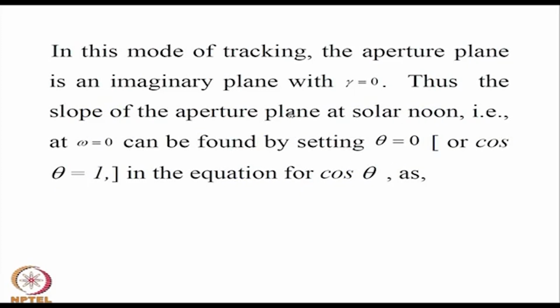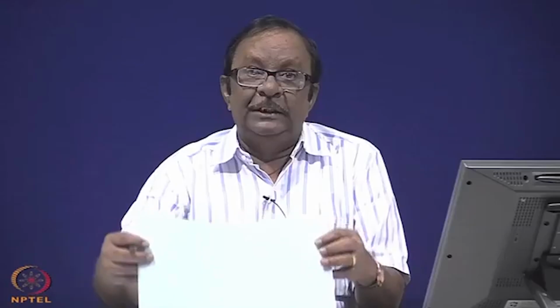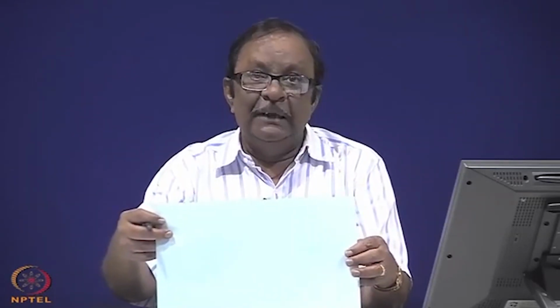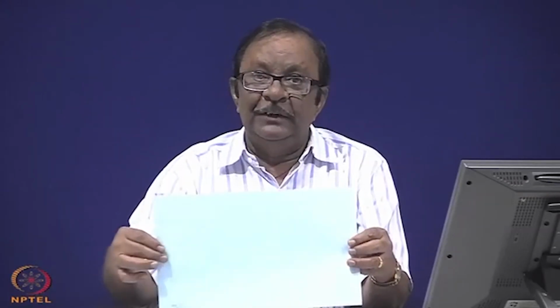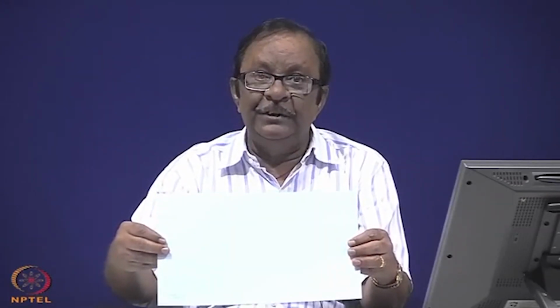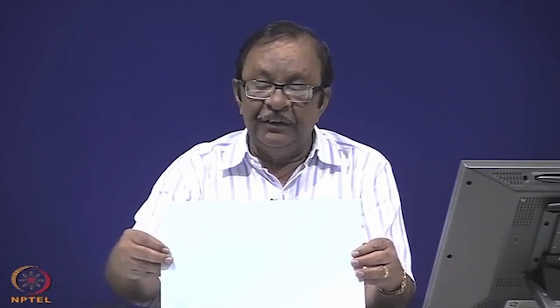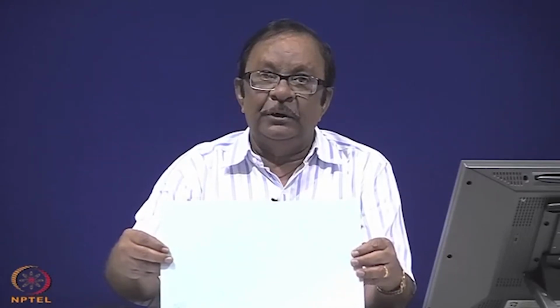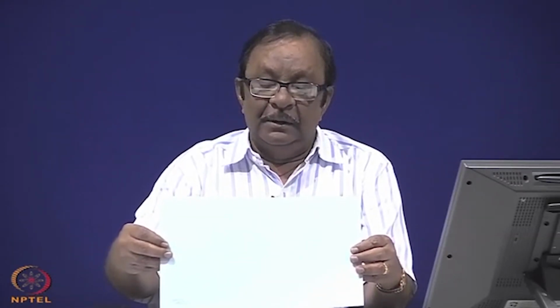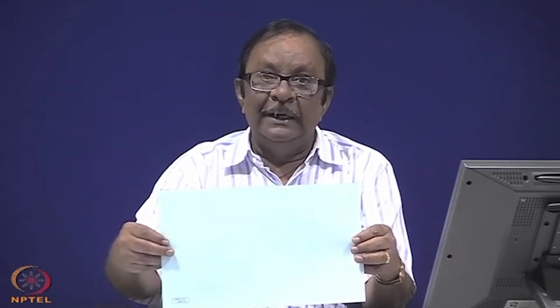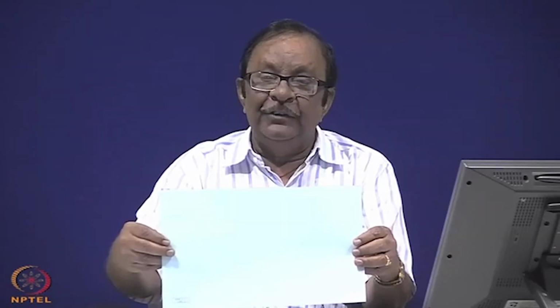So, if you want me to demonstrate it, let us say this is the aperture plane, there is a parabola behind it, and to my left is the east and to my right is the west. So, I make one simple adjustment per day, that means the slope beta is chosen such that sun's rays are normal to the plane at solar noon. For example, in December when the sun's rays will be pretty low, I will have a higher slope, and in summer it will be a steep sun.